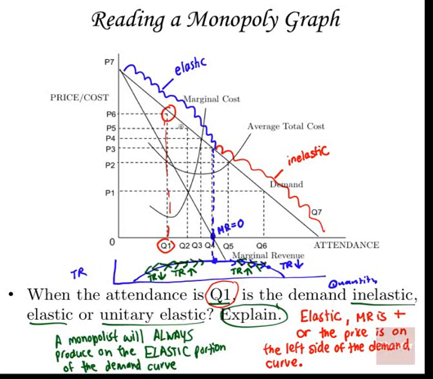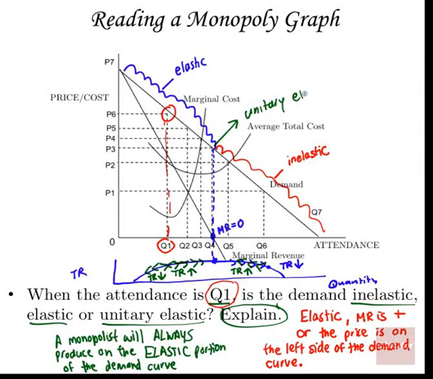So you can relate the monopoly graph to the elasticity to figure out what's going to happen to the total revenue. And that's why I find it very helpful to draw the marginal revenue across the x-axis, because then you'll know the point of revenue maximization. If you dot that up to the demand curve, this is a point of unitary elasticity.